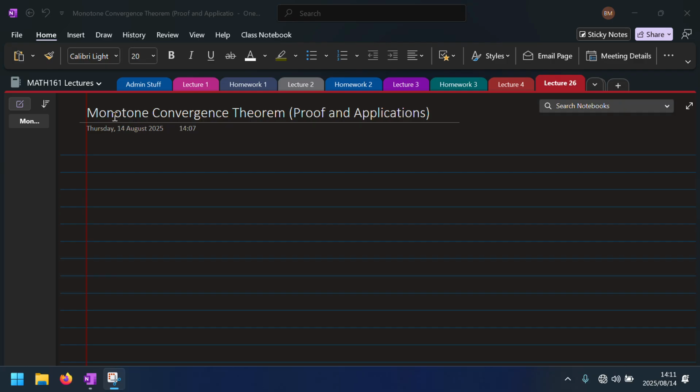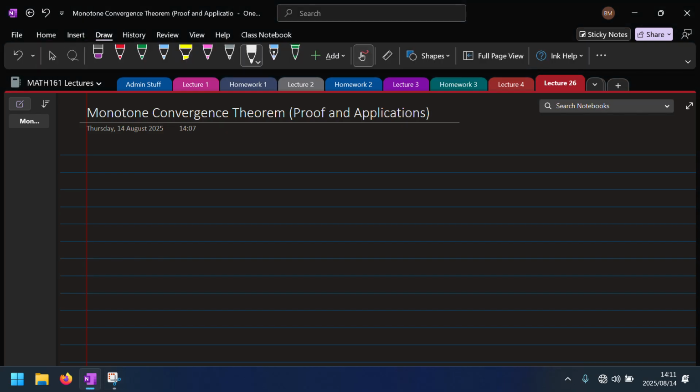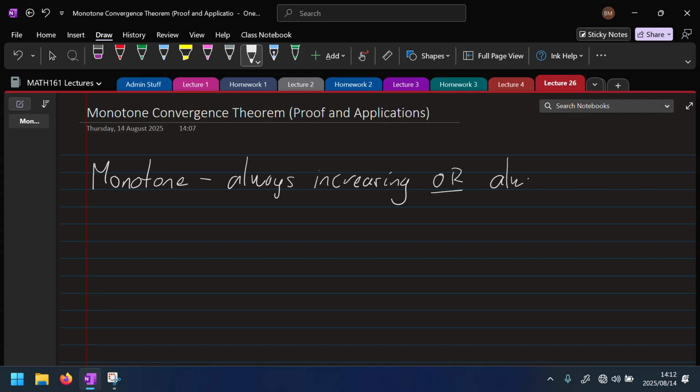One more bit of terminology, this thing monotone. You might not have heard that before, but we'll just make a little definition here. So monotone is either always increasing or always decreasing.